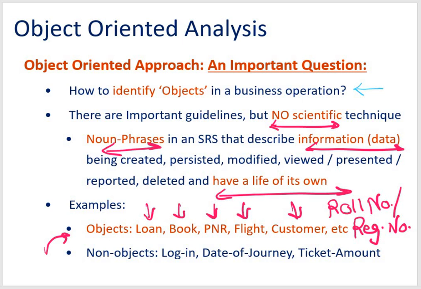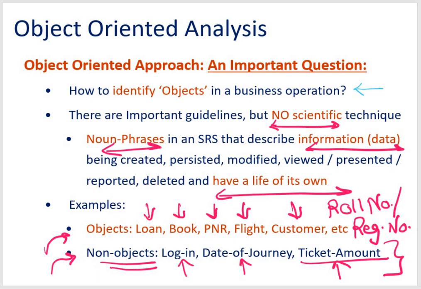Your roll number or registration number can be considered as an object as well. Some of the non-objects can be your login, date of journey, ticket amount, right? Because ticket amount can be common for several people.